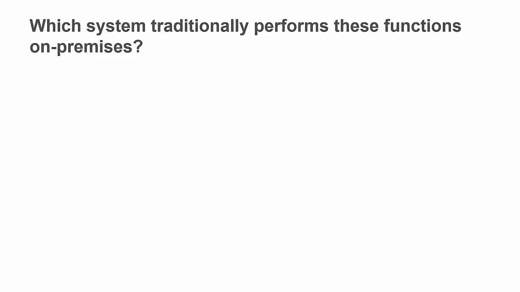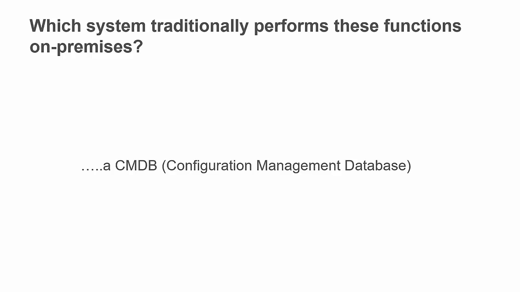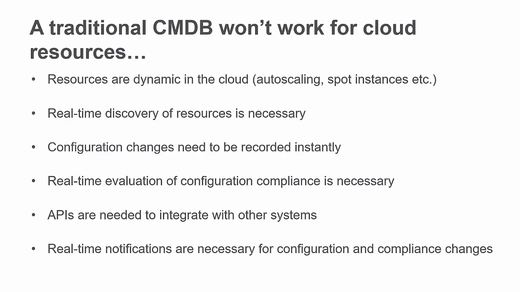Now, traditionally, these functions were performed by a configuration management database, also known as a CMDB. But you can't use a traditional CMDB to manage your cloud resources. You need some capabilities that are peculiar to the cloud. Because in the cloud, your resources are dynamic.